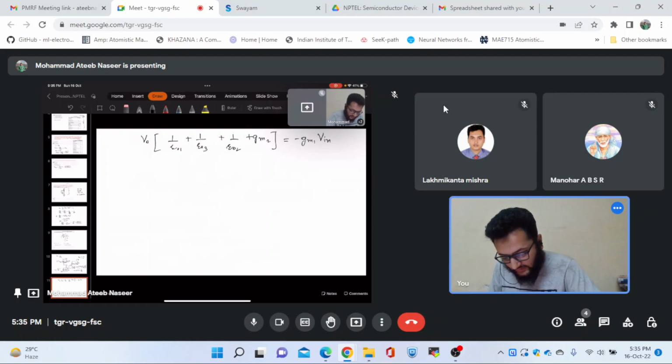We know, using some simple manipulations, the parallel combination of resistors. If we have some resistor R naught1 in parallel with R naught3, it will simply be given by 1/R naught1 plus 1/R naught3.